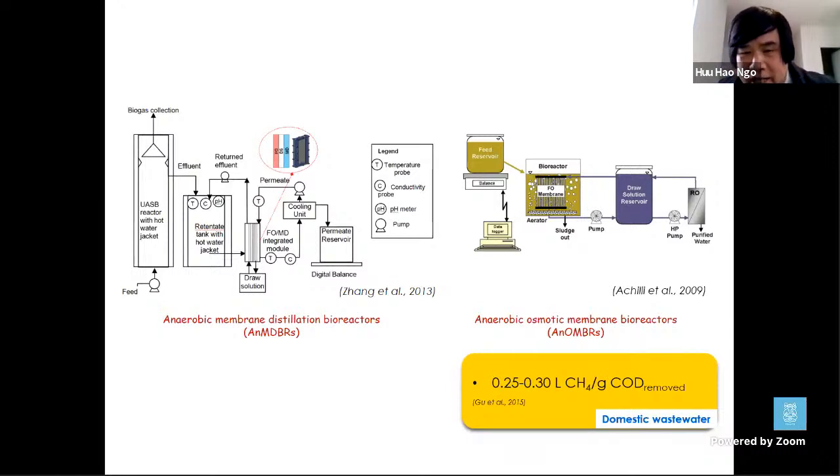When we talk about the osmotic one, actually we cannot say maybe, we have to say it should be forward osmosis, okay? Because reverse osmosis, normally we use as the post-treatment. We never use it as the pre-treatment or something with the bioreactor.